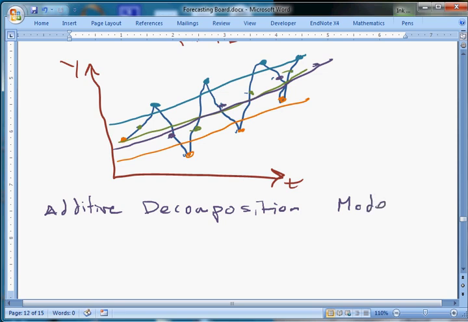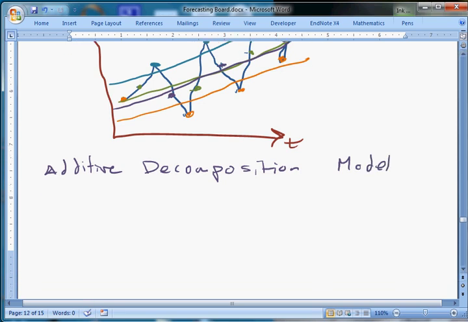And that's clearly the case. We used addition, and we basically said that our observation for each time period was based on a trend effect plus a seasonal effect plus an irregular effect.